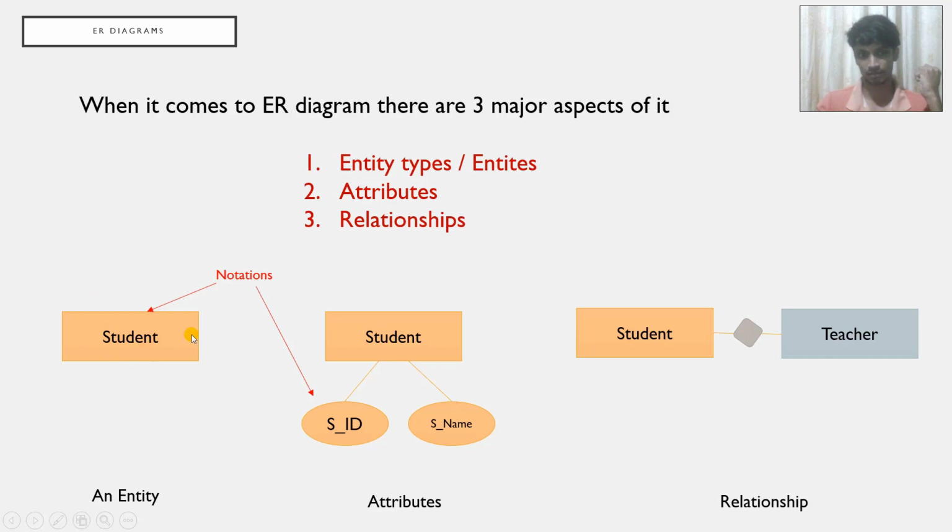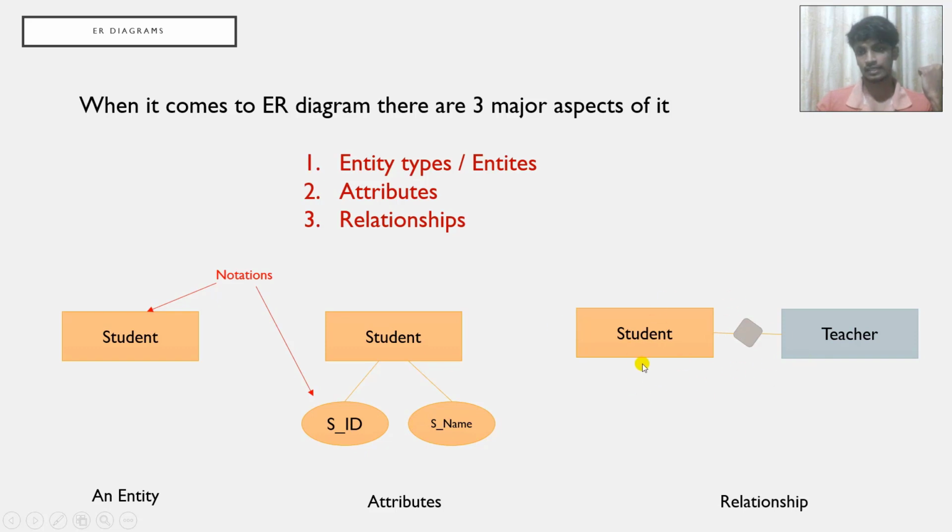We represent an entity using a rectangle, and each entity has a name. We represent attributes using an oval shape symbol. I will teach you how attributes vary later.